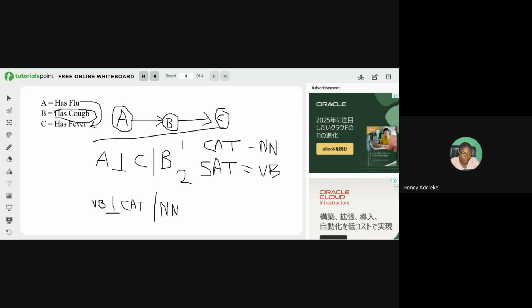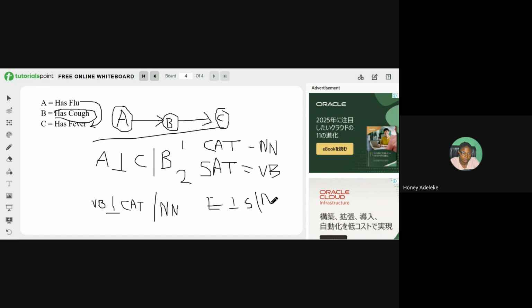But based on this example, how you will write it is that exam score is conditionally independent of study hours, given attendance.